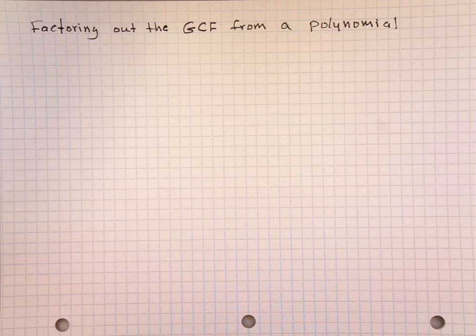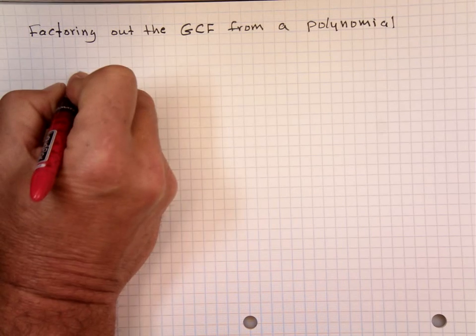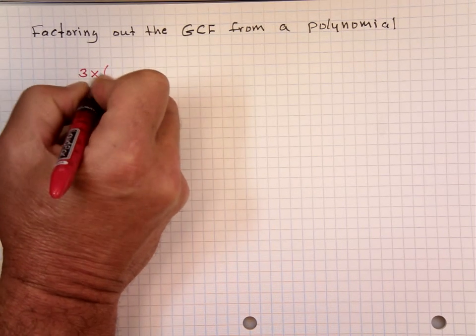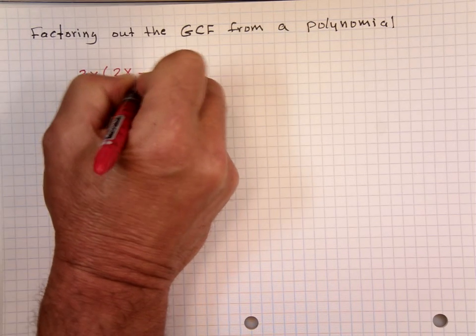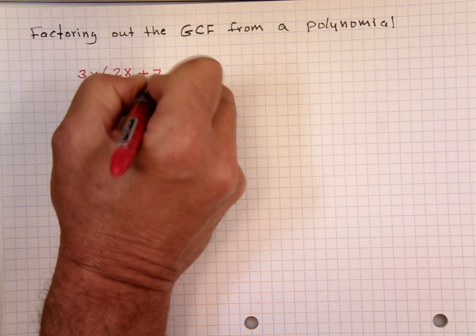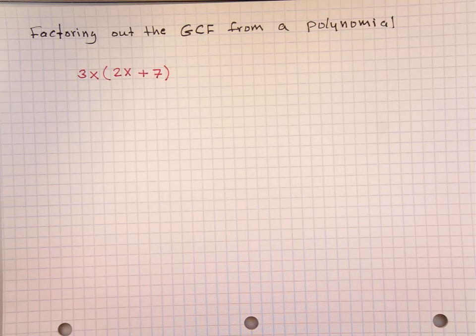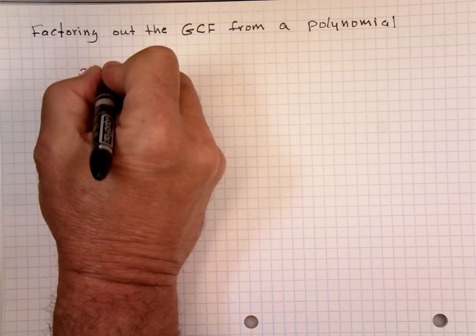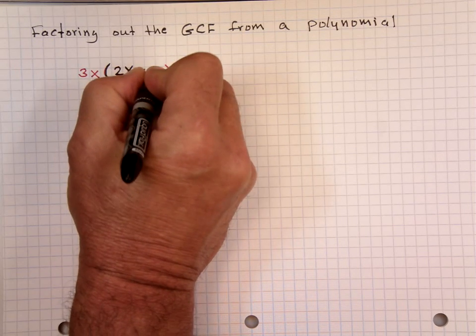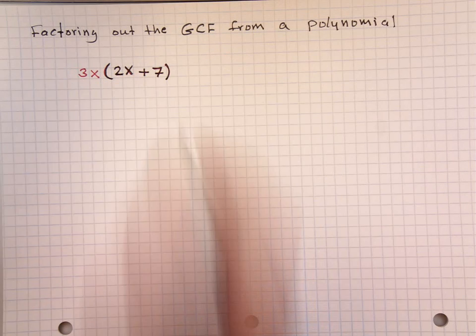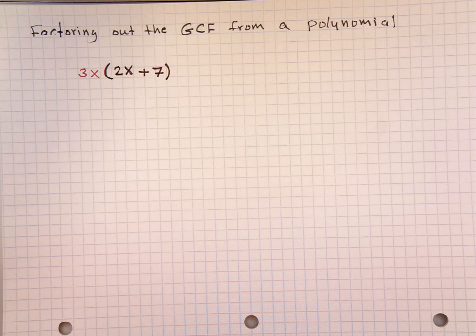And again, before I get to that subject, factoring out, let me go back to the previous chapter. We used to give you a problem like this: multiply 3x times 2x plus 7. And if you recall, the way we multiplied that, we distribute.